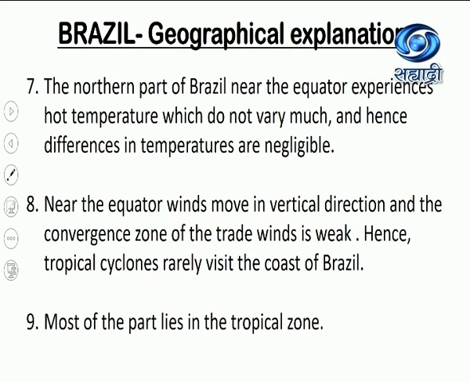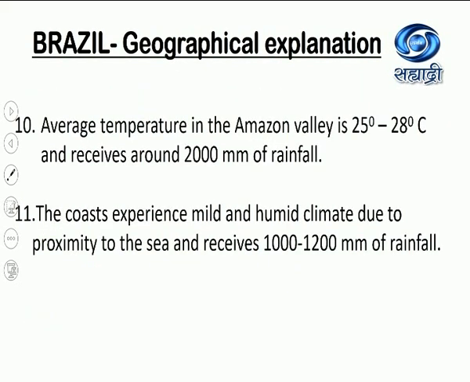Most of the part lies in the tropical zone, that is between the equator and Tropic of Capricorn. Average temperature in the Amazon Valley is 25 degrees to 28 degrees Celsius because it is very near to the equator, and you know direct sunlight falls over there. The whole year it is raining.